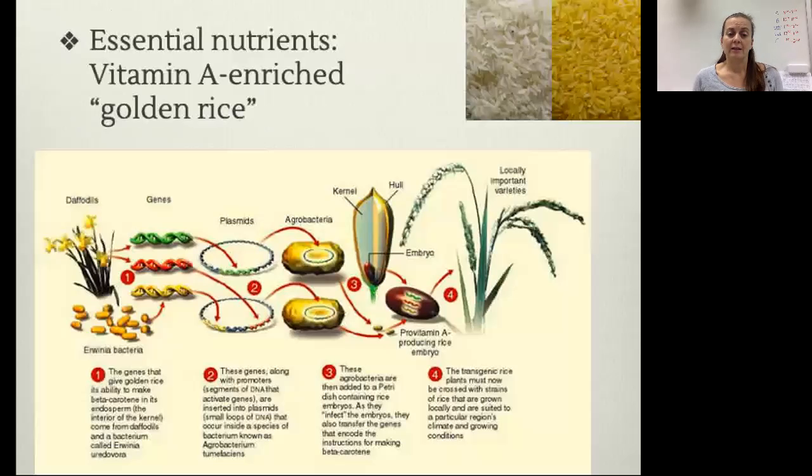Another benefit is being able to add essential nutrients to a particular plant. One of the early success stories of genetically modified organisms is a species called golden rice. One of the main problems in developing countries, one of the main diseases, is blindness caused by a vitamin A deficiency. Most of those countries get a lot of their nutrition from rice.